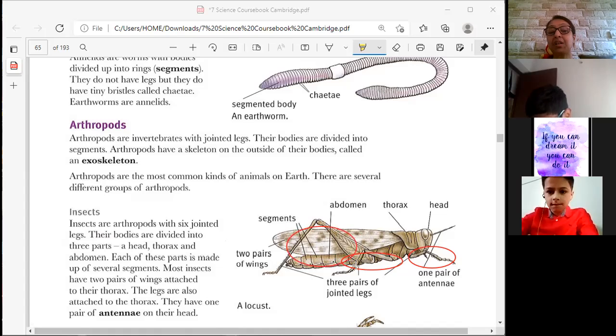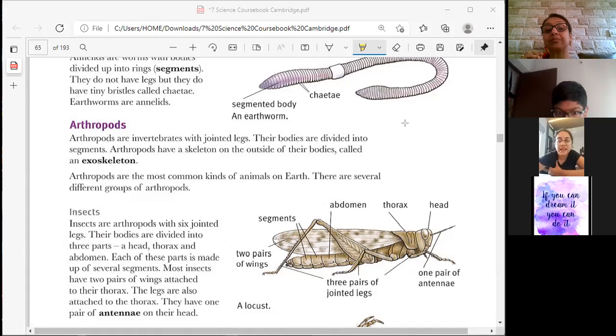So if it is 3 pairs of joint legs, how many legs will be there? 6 joint legs. When I say pair, a pair is of 2. Is it very clear till here? Can I go ahead? Any confusion, you can still ask me.